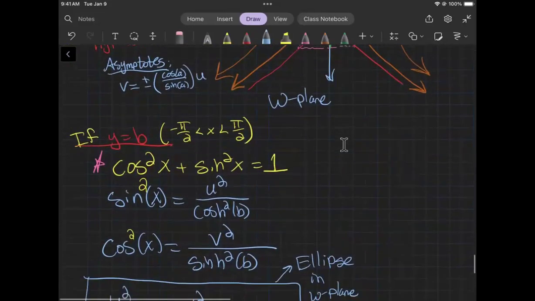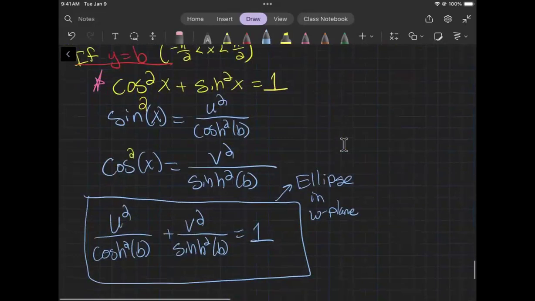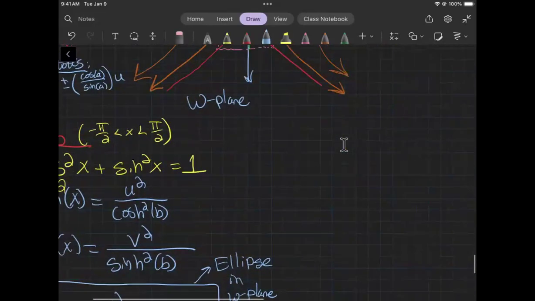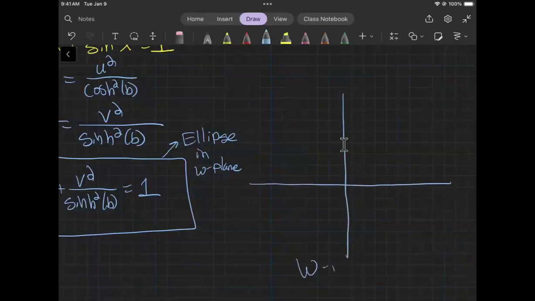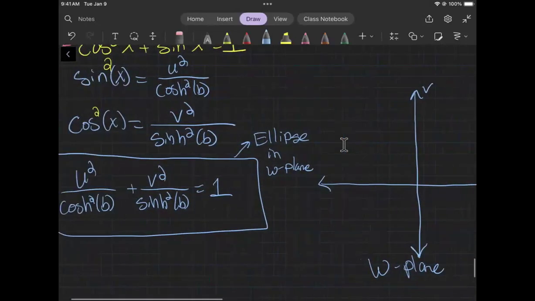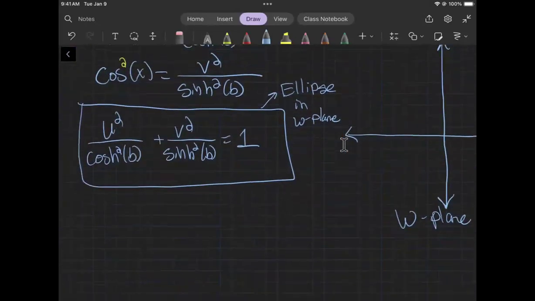Okay. So I'm going to do these separately. So in the W plane, if y equals b, so here's the W plane. Really it's about which value is bigger than the other one, right?